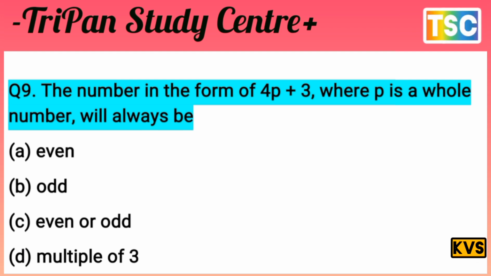The question is clear: the number is of the form 4p plus 3, where p is a whole number, will always be even, odd, even or odd, or a multiple of 3. The correct option is odd, because 4p plus 3, where p is a whole number, will always be an odd number. Option B is correct here.